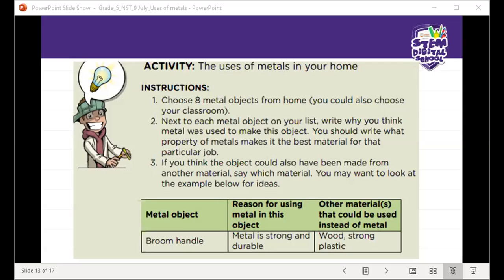Okay, guys, you haven't told me the metals that you see in your room. I need everyone to give me an answer. Metals that you see in your room right now. Any metal object that you see in your room. Lesedi, I'm also still waiting on your answer.